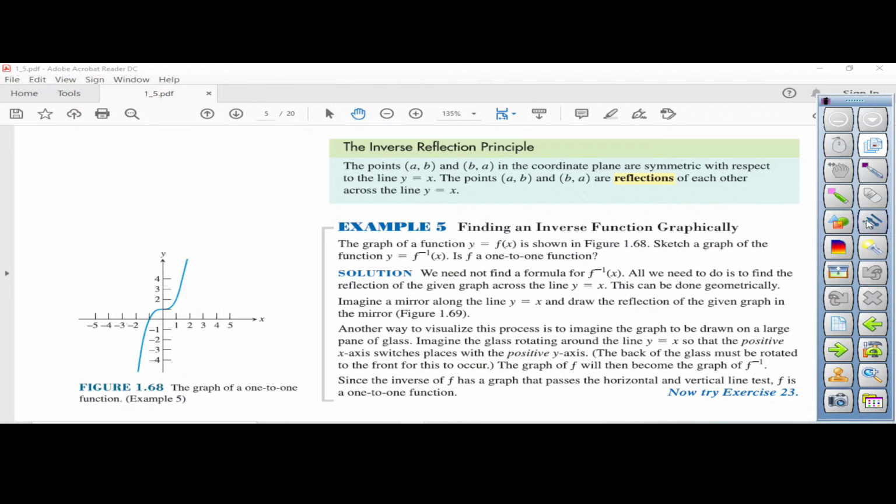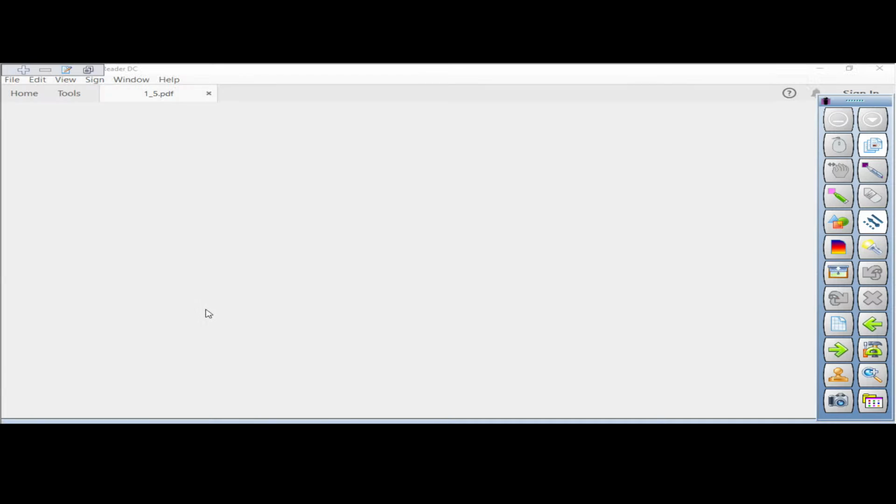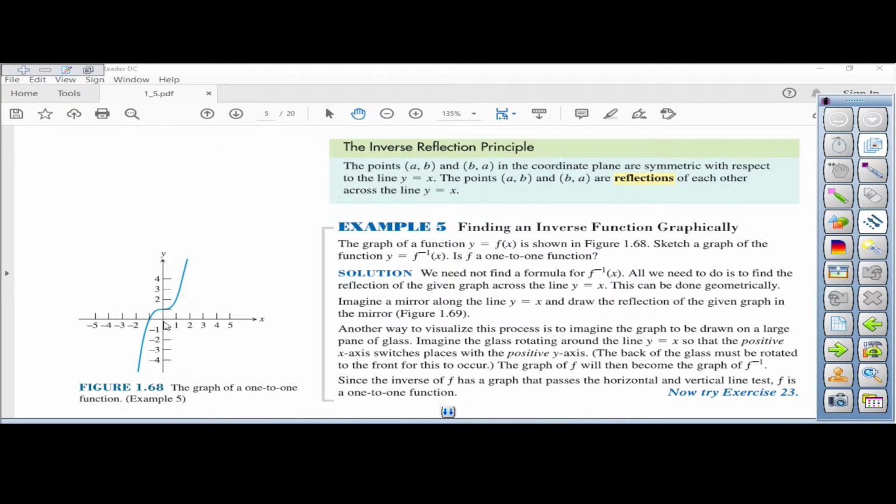if and only if you're able to reflect your graph on the y equals x. By the way, the y equals x line is a 45-degree line.